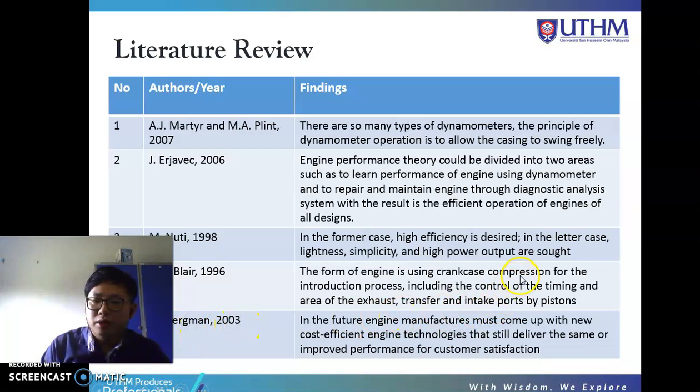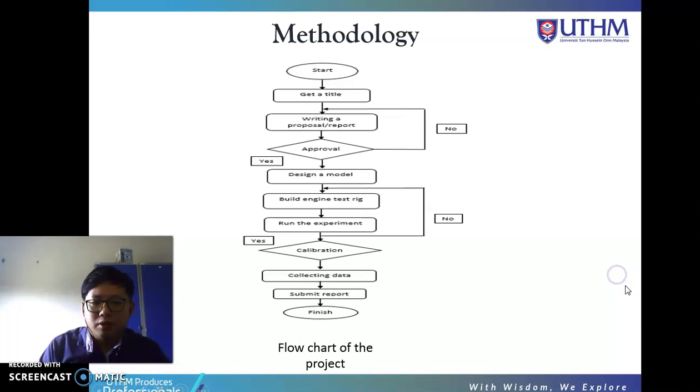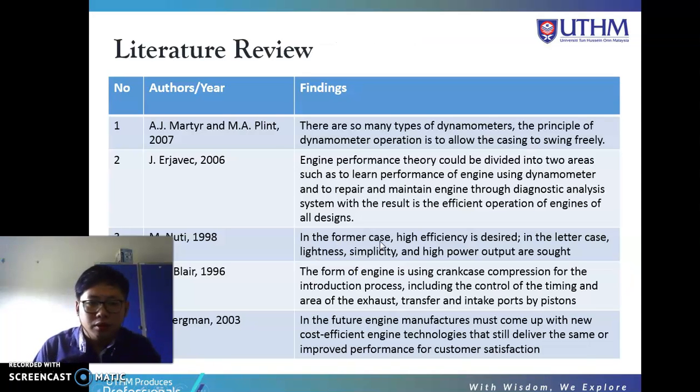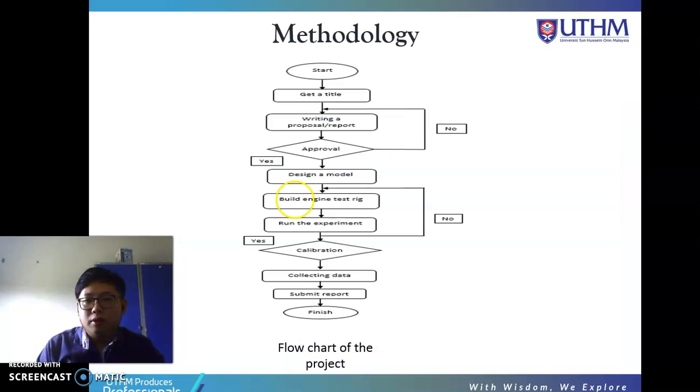In the future, engine manufacturers must come out with new cost-efficient engine technologies that still deliver the same or improved performance to meet customer satisfaction. And now is the methodology.